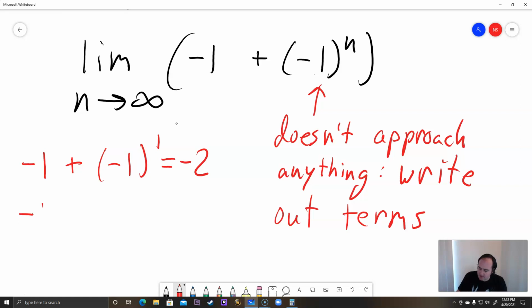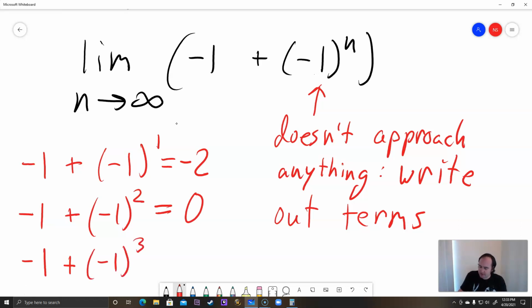The second term is going to be -1 plus (-1) to the 2. So that's -1 plus 1, which is 0. And then the third term is going to be -1 plus (-1) to the 3. So that's going to be -1 minus 1, which is -2.